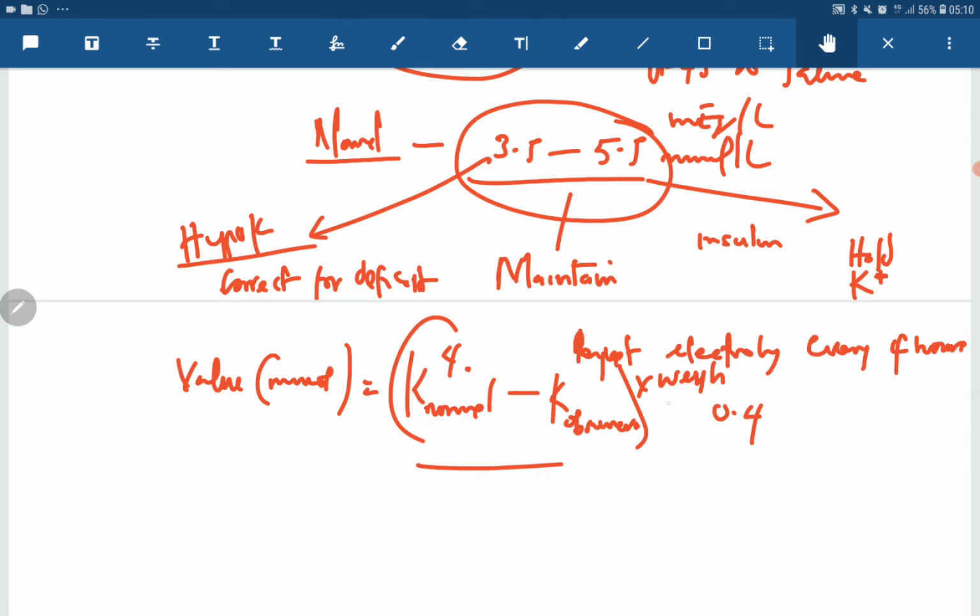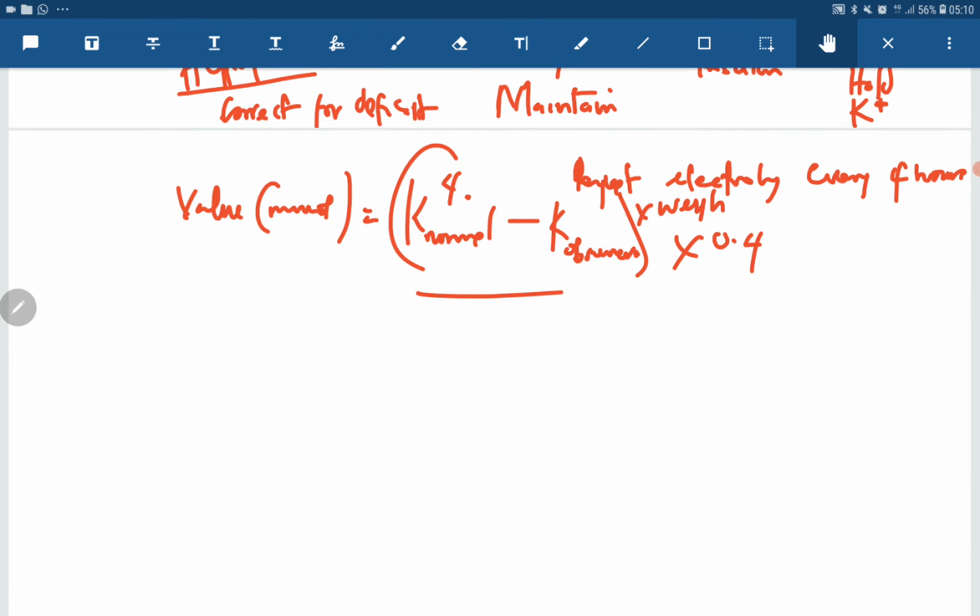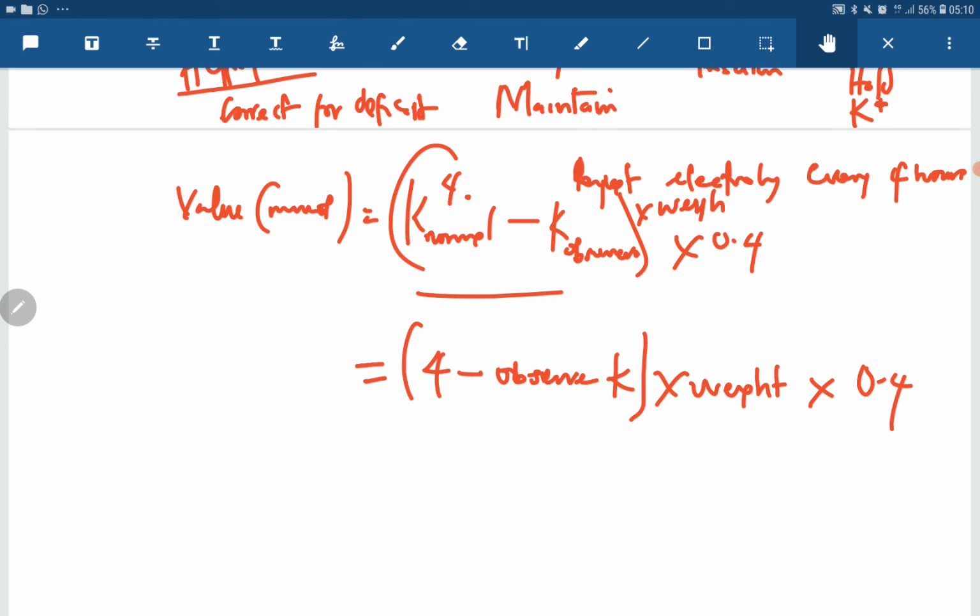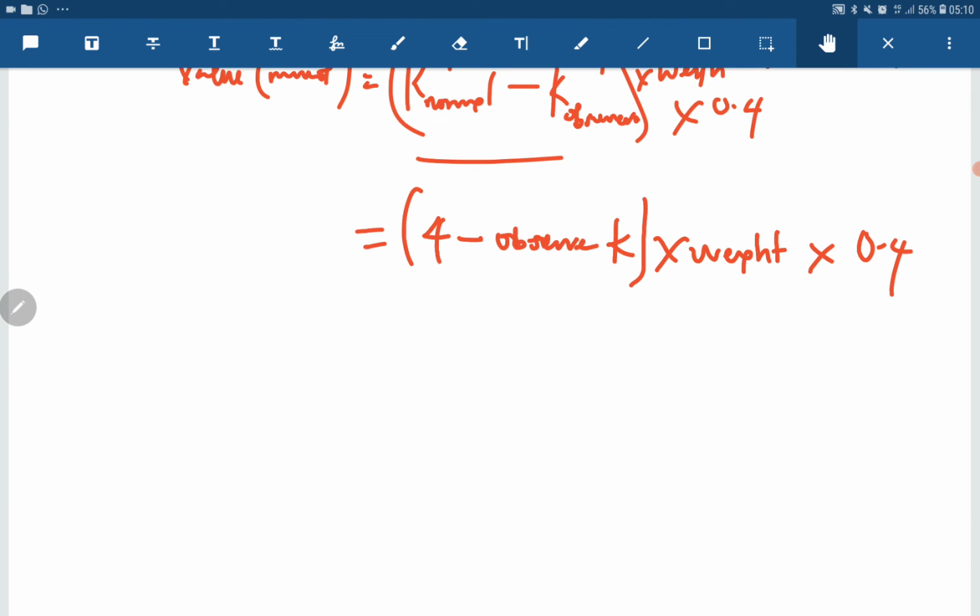So in other words, the deficit is 4 minus observed potassium, times weight, times 0.4. And usually you divide the values over the fluid you want to give to the patient. You cannot give more than 40 millimole in 1 liter.